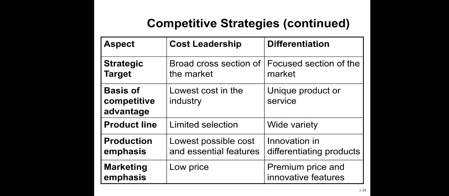In terms of product emphasis, cost leadership emphasizes lowest possible cost and essential features. For differentiation strategy, it is innovation in differentiating products. Market emphasis: cost leadership, low price. Differentiation, premium price and innovative features.